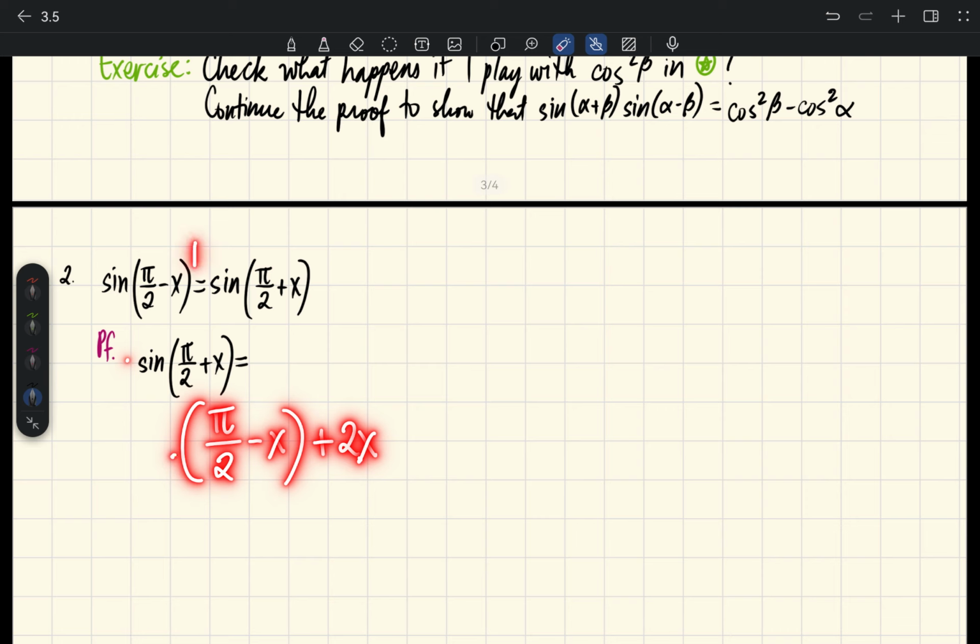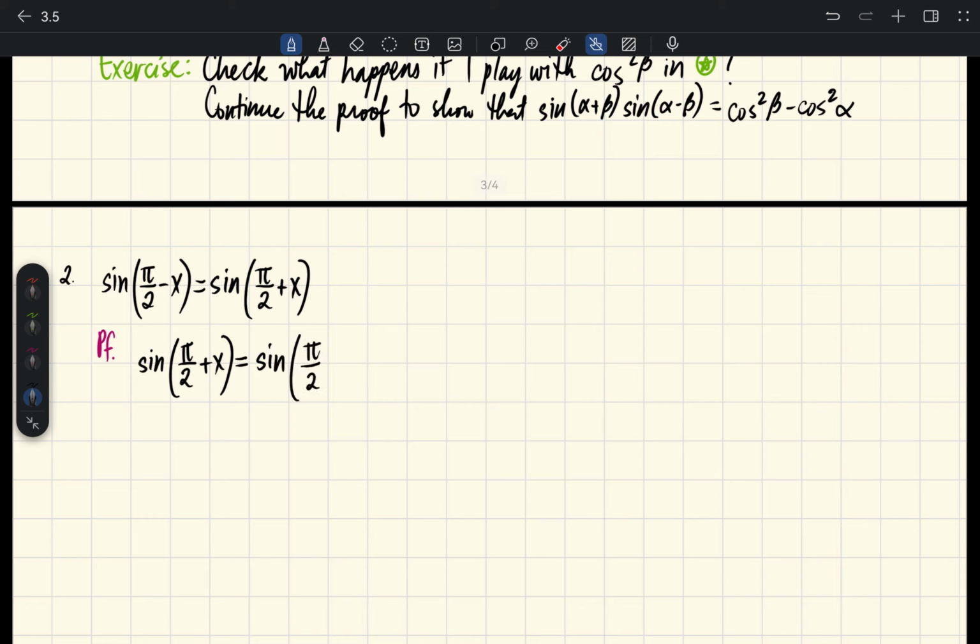That's because the one at the right side has pi over 2 minus x. So as early as the first step, it's good if we already have this. So let's put here sine of pi over 2 minus x plus 2x.